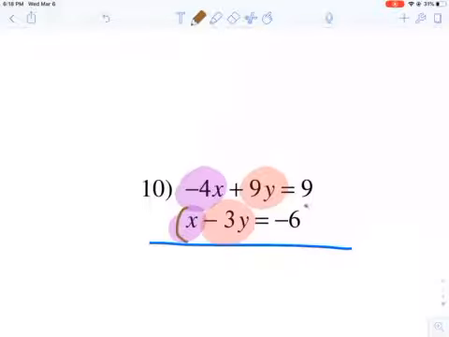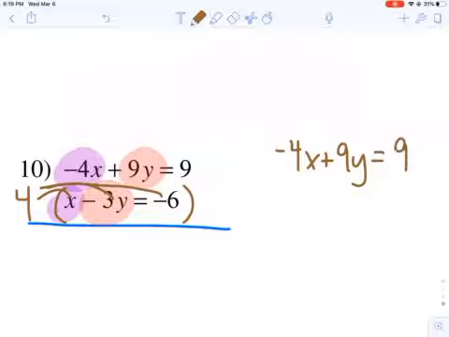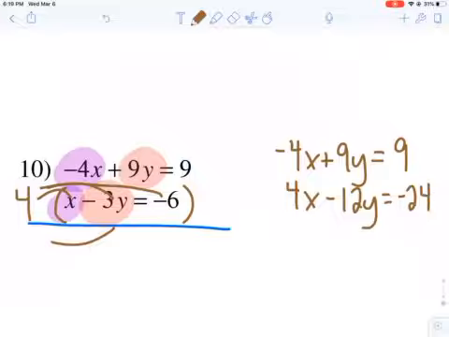I'm going to multiply this whole thing here by 4, which means I'd have to distribute to each of my terms here. By doing that, I'm going to rewrite what I have. I have negative 4x plus 9y equals 9. Now, by distributing here, I get positive 4x minus 4 times negative 3y here gives me negative 12y. And 4 times negative 6 gives me negative 24.